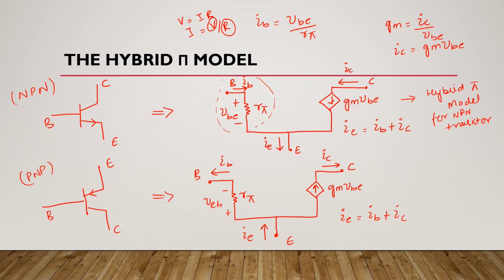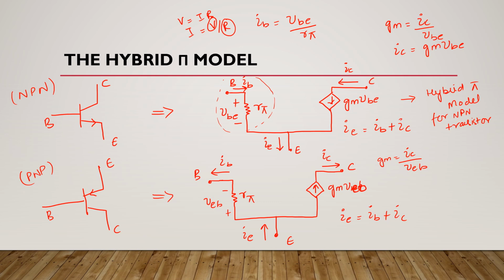Okay. Now here, sorry, this is VEB. Okay, because in this case the drop is VEB. It means here this GM is equal to IC divided by VEB.